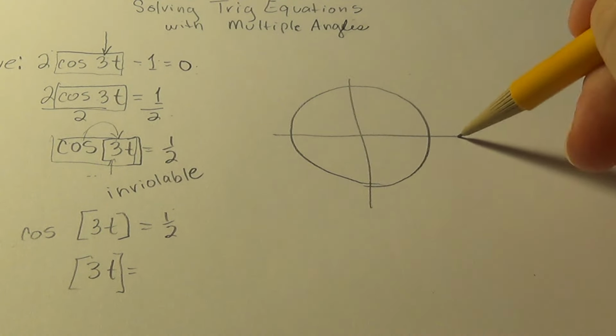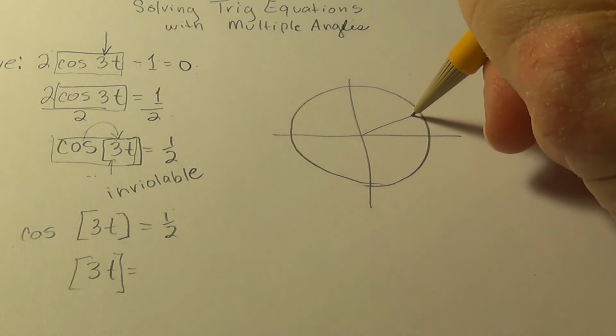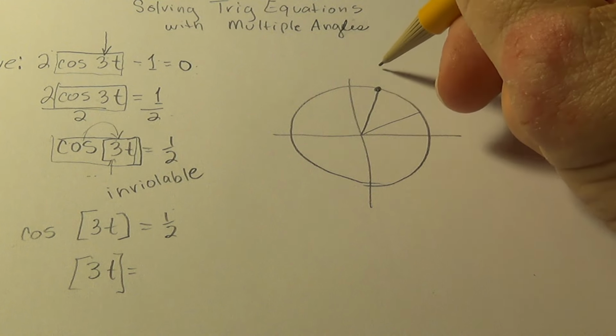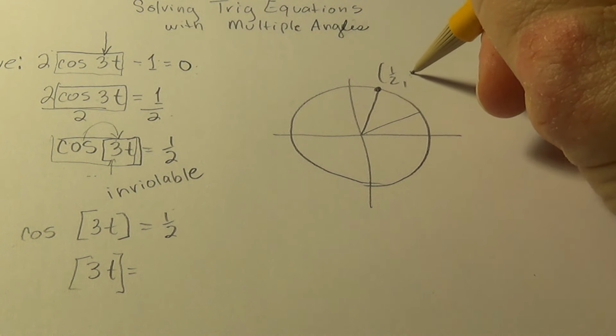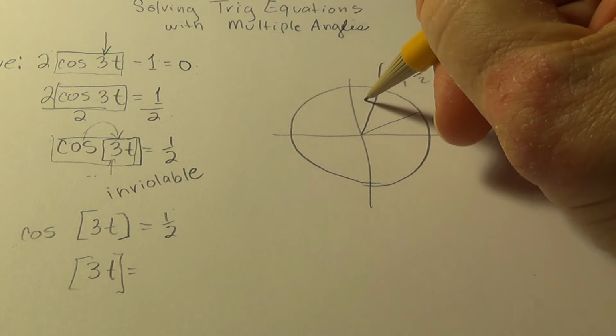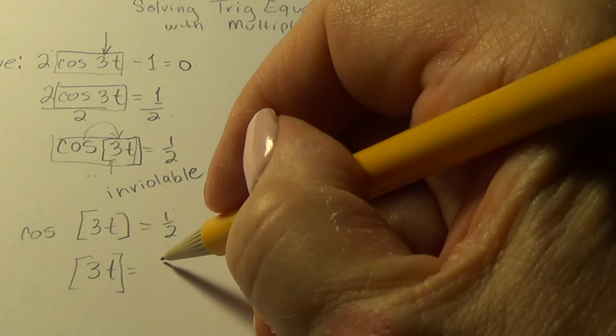Looking at that, the cosine is 1/2 somewhere on one of these 6. Is it right there? 1/2 over, square root of 3 over 2 up. Right, so this is 1/3 pi. 2 pi over 3 is one answer.